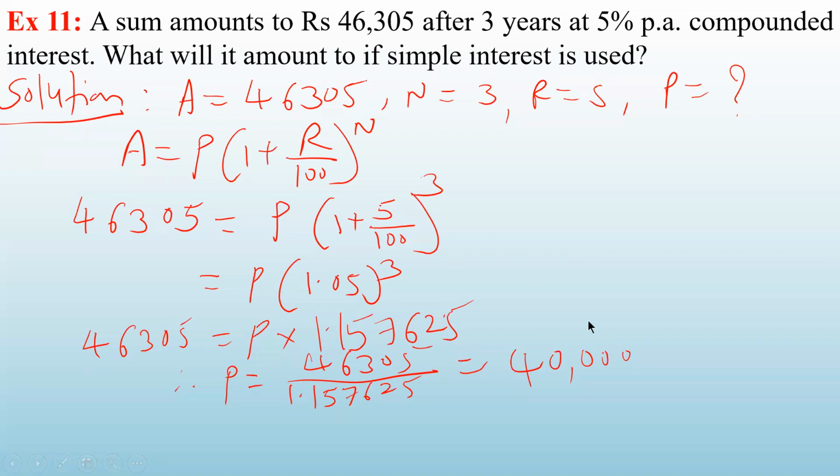Now, if the principal is this, what will it amount to if simple interest is used? So we will find out the amount if simple interest is used on this principal. Okay. So what is the amount in simple interest? Amount on rupees 40,000 if simple interest is used.